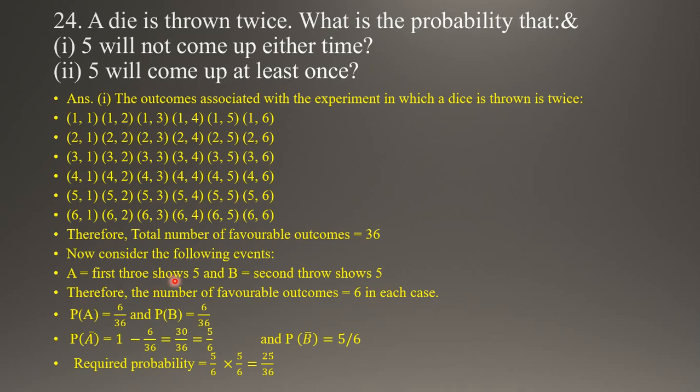Let A be the first throw shows 5 and B the second throw shows 5. Therefore, the number of favorable outcomes is 6 in each case.